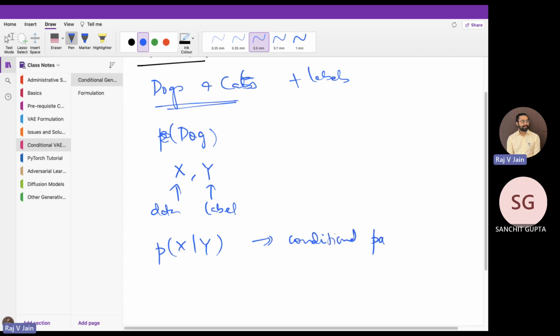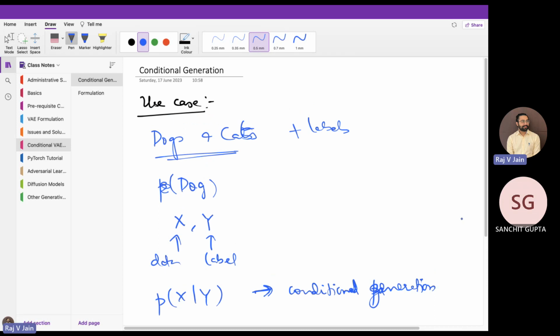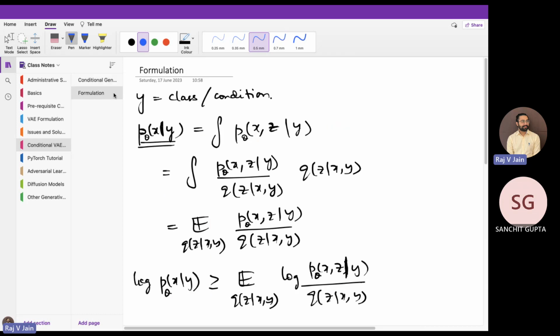Same thought process, but conditioned on something. So how would the framework look if we were to do conditional generation using the same mathematical background?